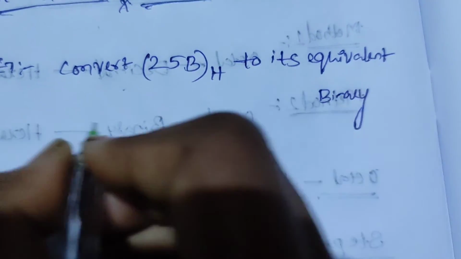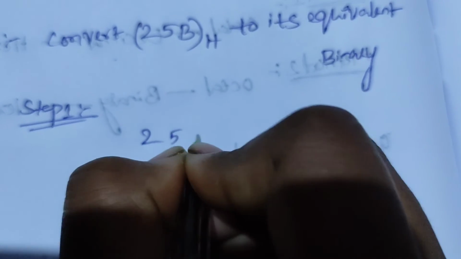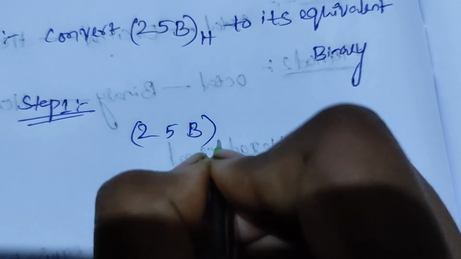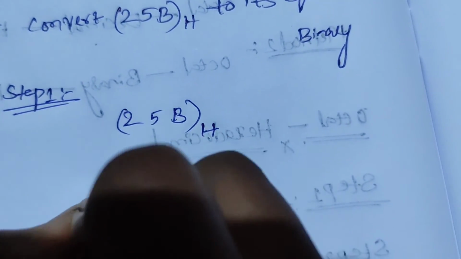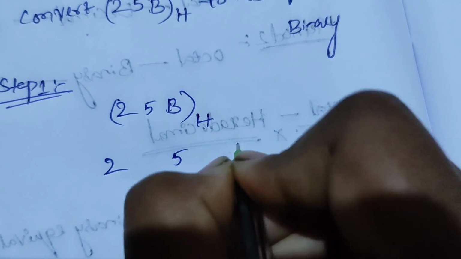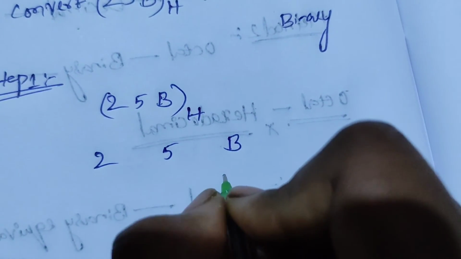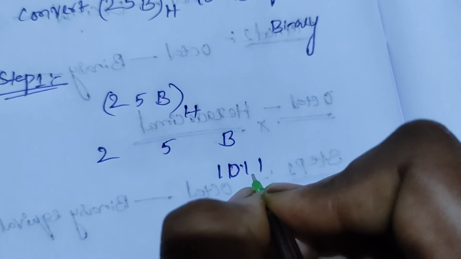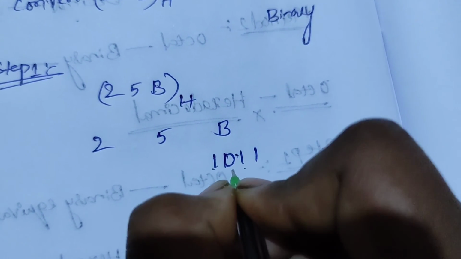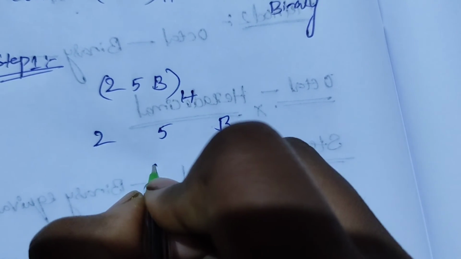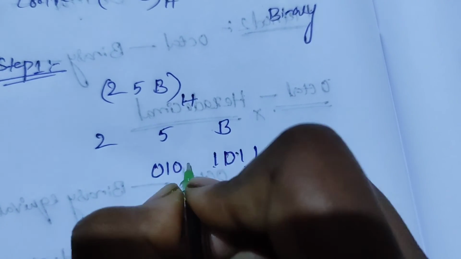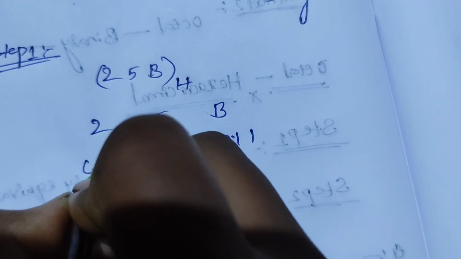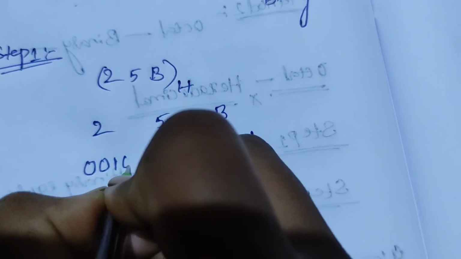So in step 1, convert 25B hexadecimal to binary. So 25B, B is nothing but 11. So 11 is represented as 1011, 8 plus 2 plus 1, and 5 is represented as 0101 and 2 is represented as 0010.